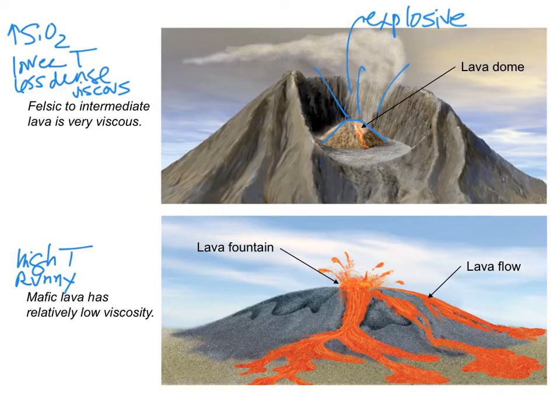So mafic, meaning low SiO2, is a high temperature, less viscous or runny lava that also tends to be very dense because it's rich, again, in magnesium and iron. And so therefore, instead of making these plugs that erupt violently, tends to kind of gurgle and flow out of volcanoes, creating these lava fountains and lava flows.